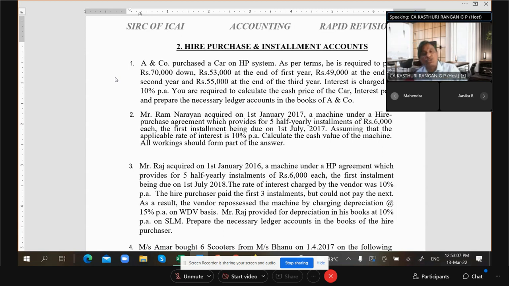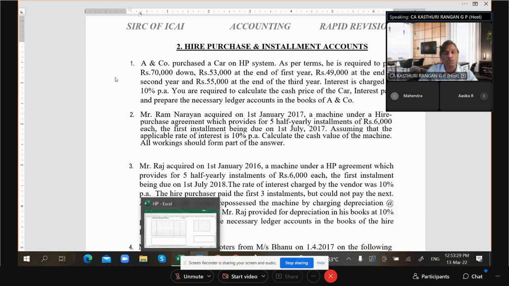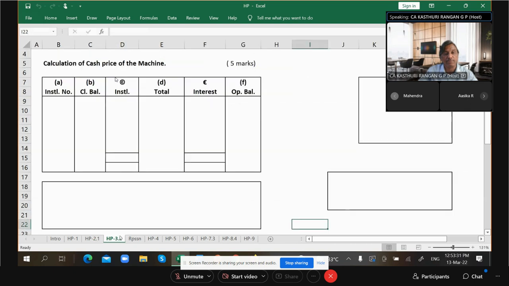Okay. So 5 installments, we are going to pay each 6,000. Rate of interest is 10%. What is the cash value? So from every installment that you pay, whatever the interest component, we have to eliminate. If you eliminate it, you'll get the cash price. That's all. Very easy. But then there is a method, there is a system how to do that problem.